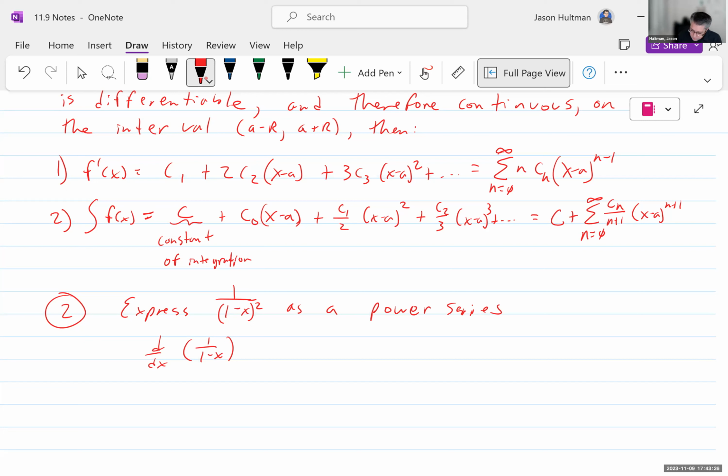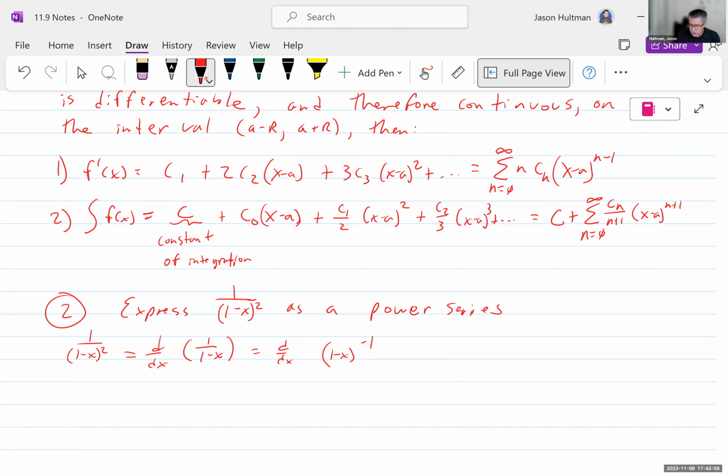If I take the derivative of that guy, do I get this guy? Let's verify that. 1 over (1 minus x) squared is the derivative of 1 over 1 minus x, which is the power series that we've been working with. Let's write this a little bit differently. Let's go d dx of (1 minus x) to the negative first power.